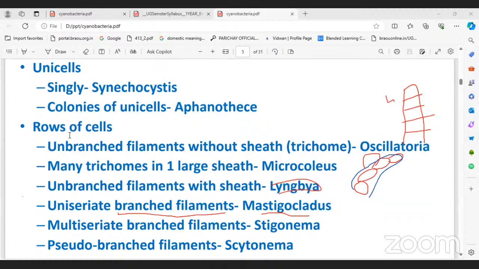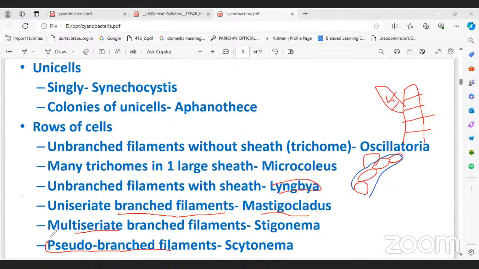Simple, we can. There are also some branches like this. So this is the branched filament. Both are uniseriate. And if you take multiseriate branched filamentous, Stigonema, as I just told you, and just add another word, that is pseudo branched filamentous, Scytonema.